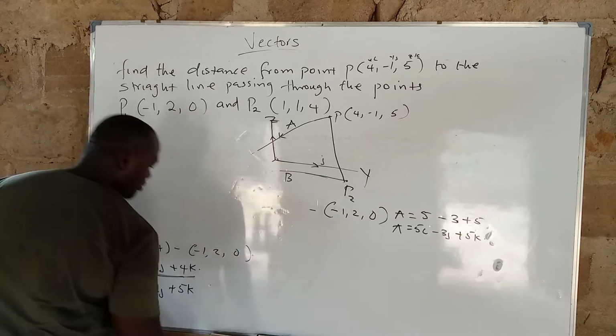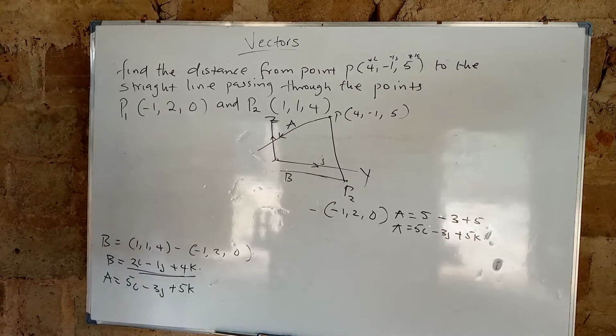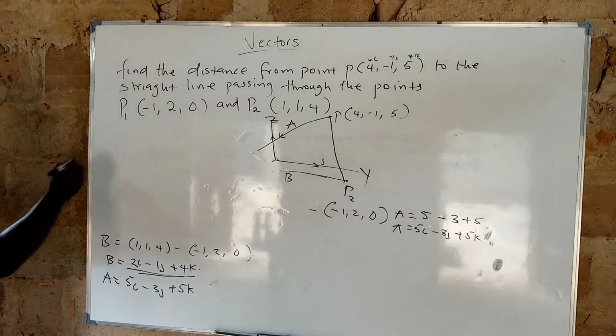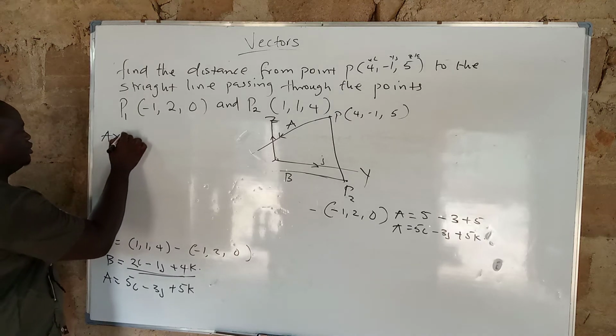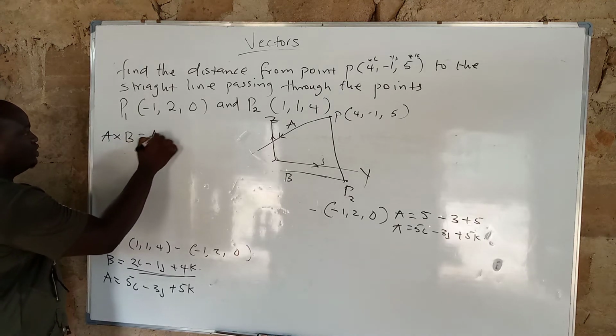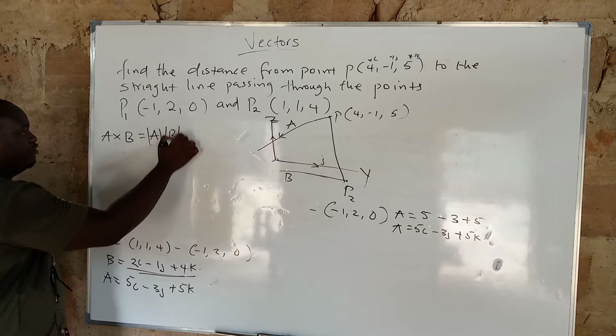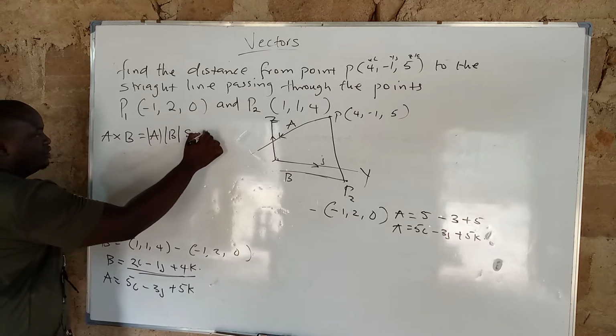Now remember, we want to get the distance, and like I said the distance is the cross product. Now I've gotten my A, I've gotten my B. So using cross product, A cross B is equal to the magnitude of A, magnitude of B, sine theta.